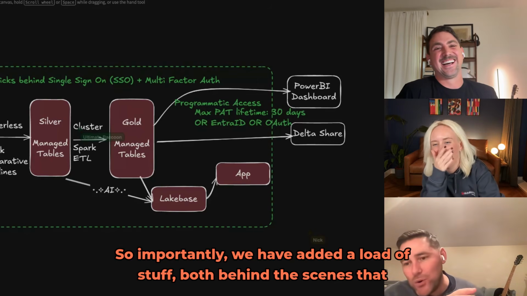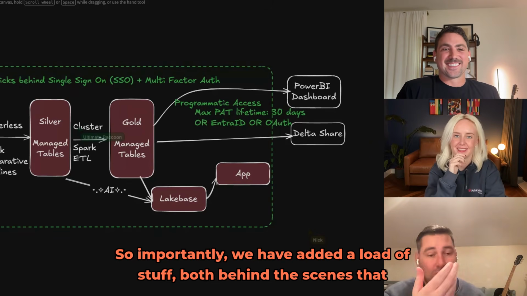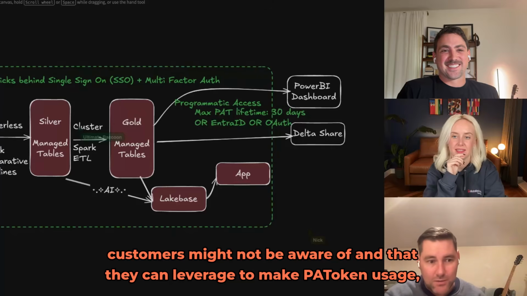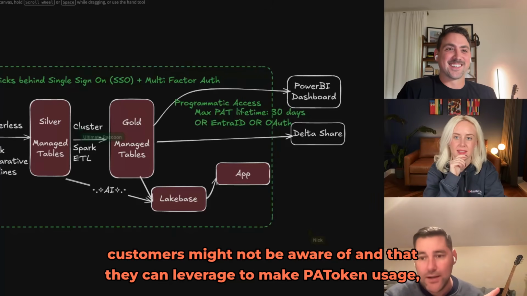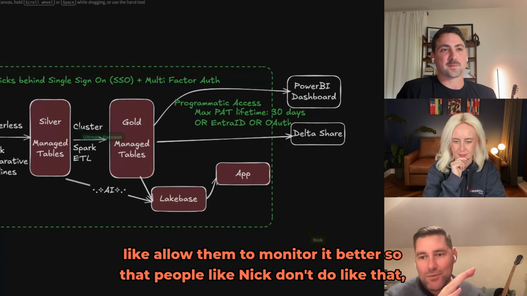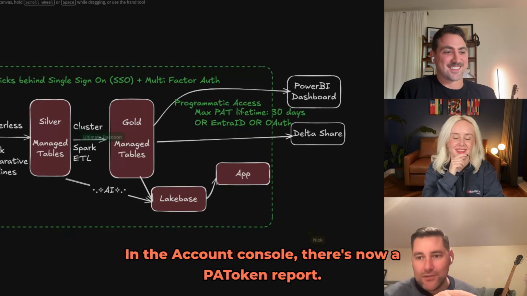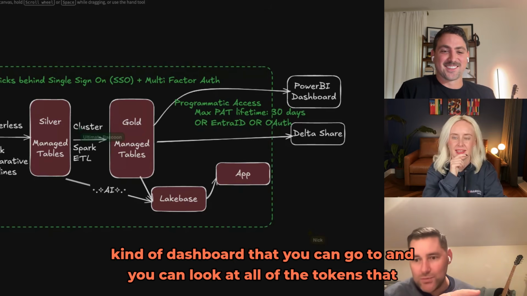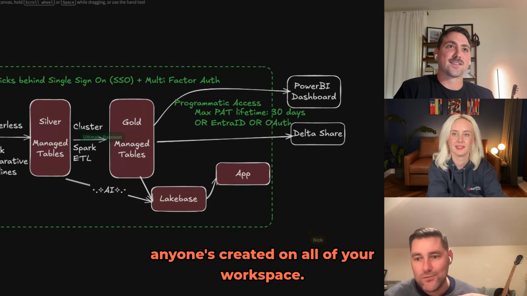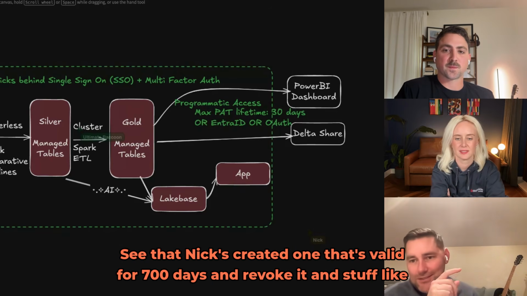Importantly, we have added a load of stuff, both behind the scenes that customers might not be aware of and that they can leverage, to allow them to monitor PAT token usage better, so that people like Nick don't do that. In the account console, there's now a PAT token report dashboard where you can look at all of the tokens anyone's created on all of your workspaces, see that Nick's created one that's valid for 700 days, and revoke it.